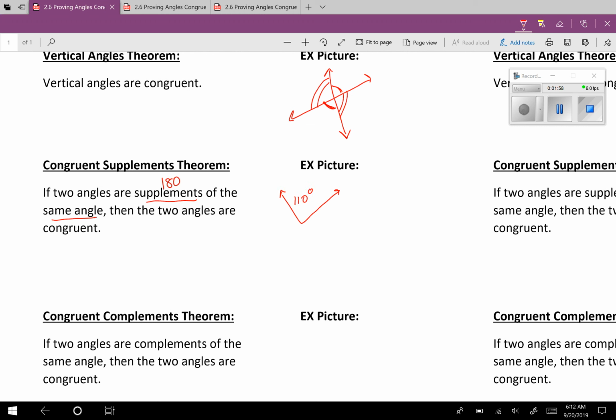110 degrees. If I'm going to get an angle that is supplementary to this, I know it's got to be equal to 70 degrees.